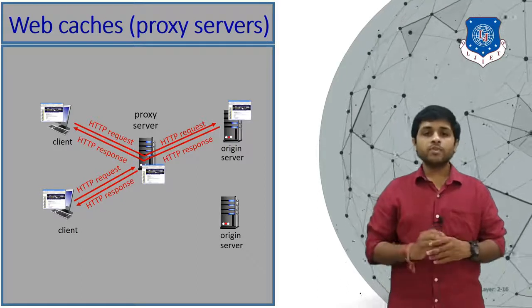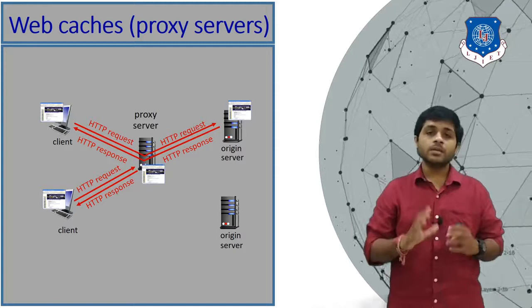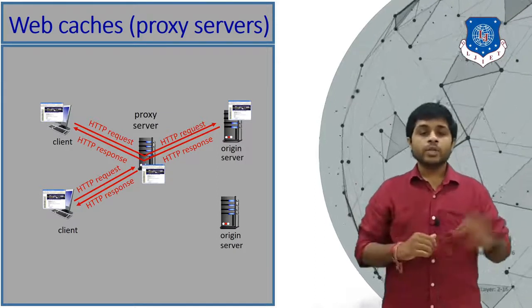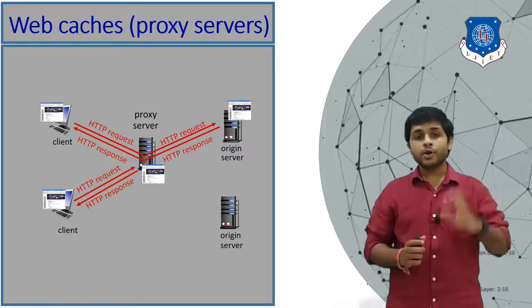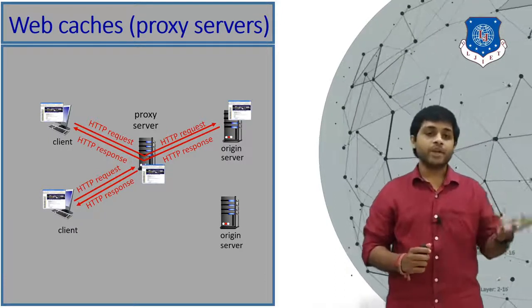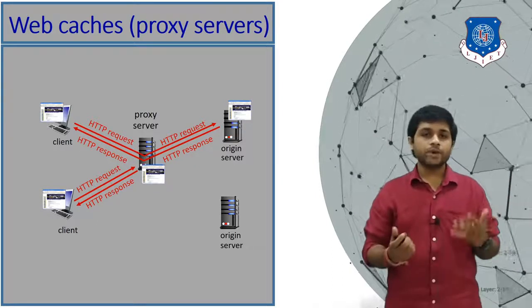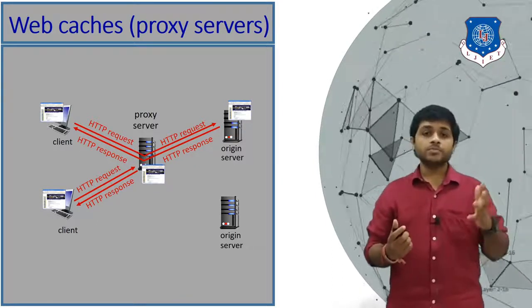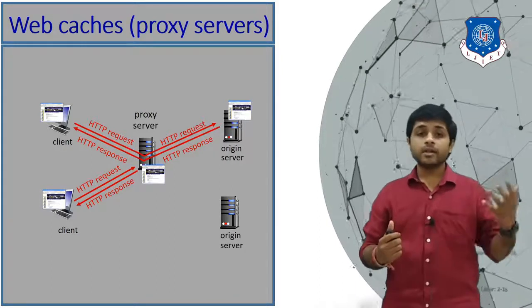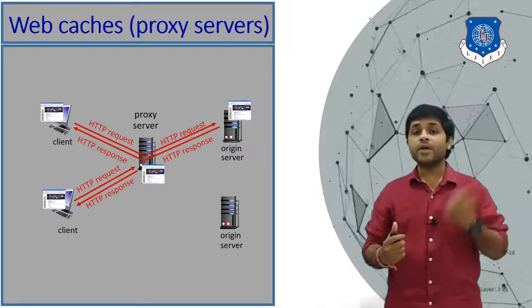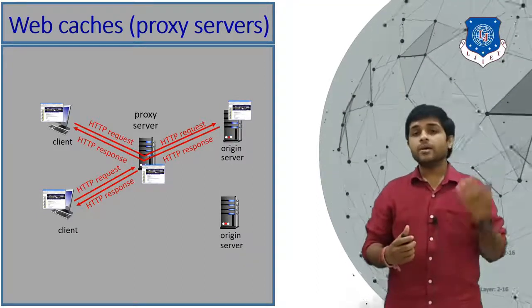All the information regarding the Google server will be copied to the proxy server in the local area. So when you try to access www.google.com, the proxy server will provide that web page, so you can surf very quickly. That is the advantage of the proxy server, because in some cases the servers are present in another country or very far away from where you are sitting. So in that case it will take more time.